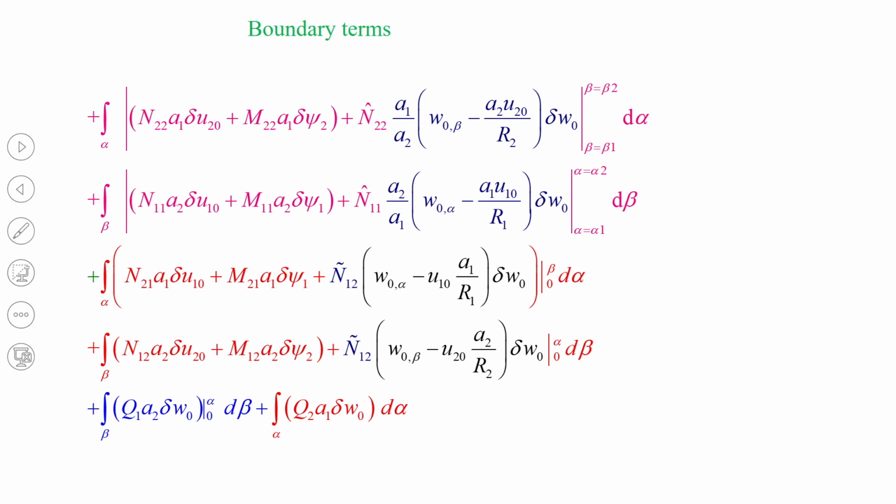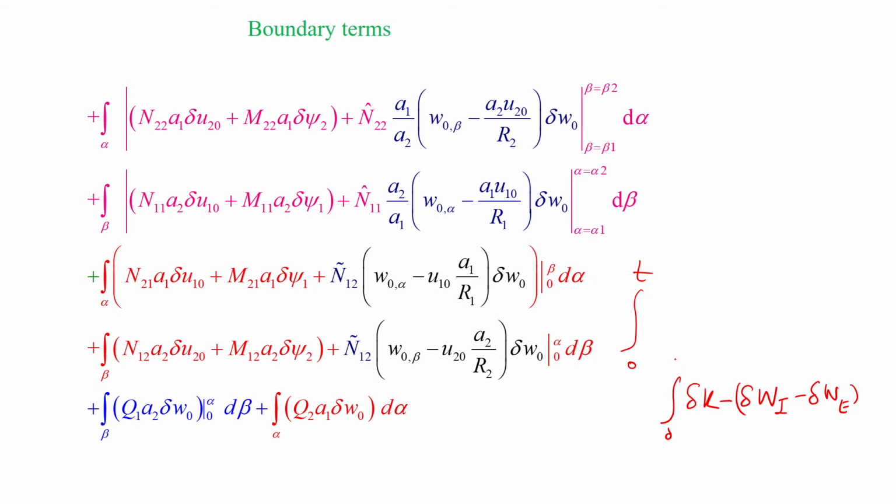Now, we have to think about what is left: the external work done. Because you know that in Hamilton's principle, the integral from 0 to t of del K minus del W of I minus del W of E, dt, is going to be 0.